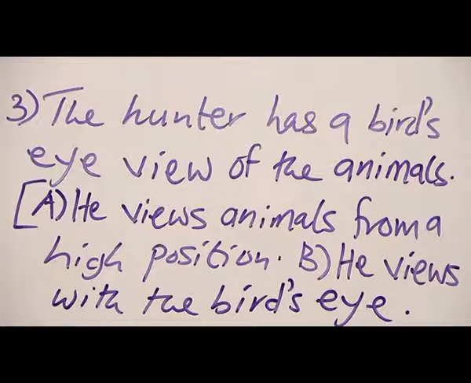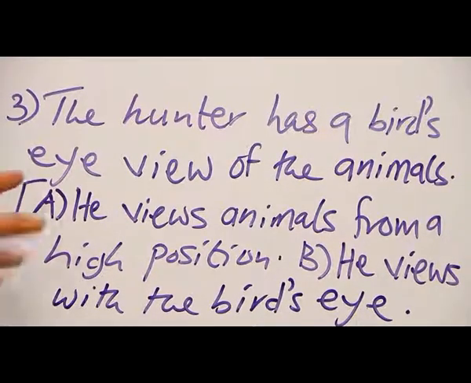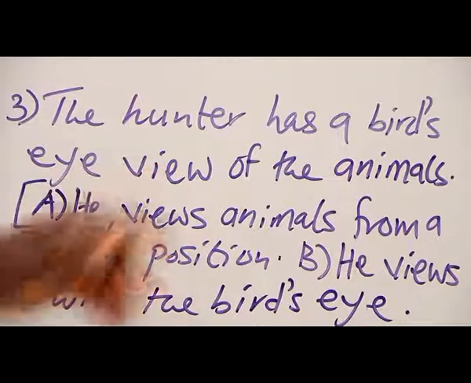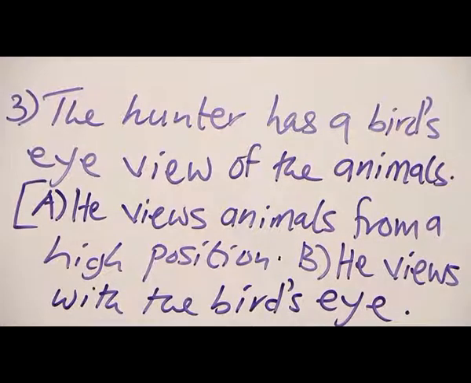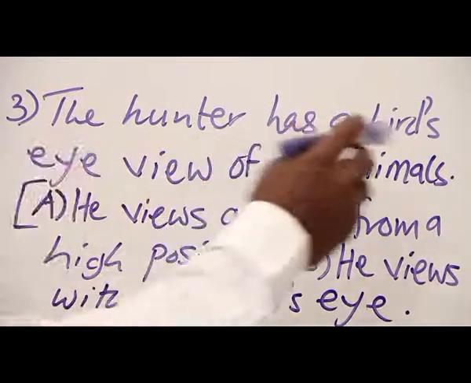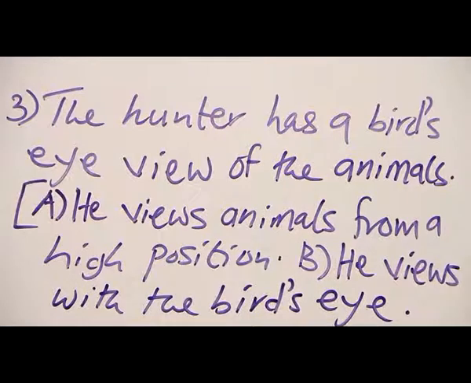Now the question 3, however, is on an idiom. Alright, so we have: the hunter has a bird's eye view of the animals. What does this idiom mean? Before we pick our answer, it will be best for us to look at the meaning of the idiom.